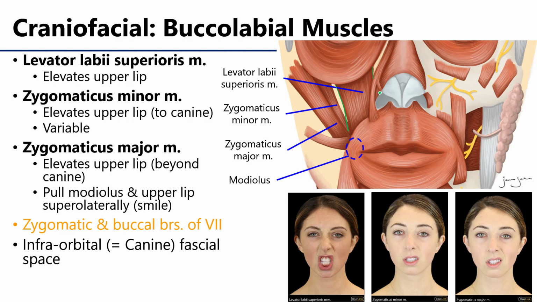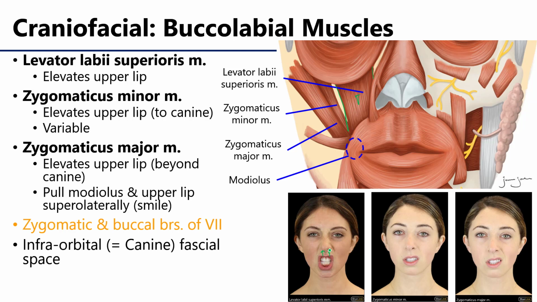This muscle is named for its action and where it's located, depending on how you want to look at it. Levator labii superioris is going to be an elevator of the upper lip. So when this muscle fires, as we can see here, the upper lip is going to elevate.